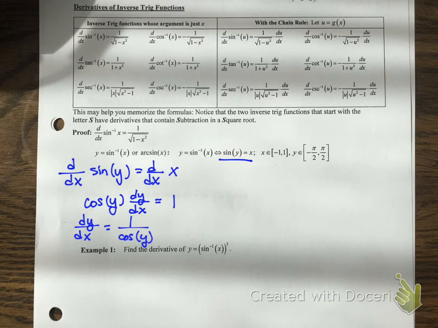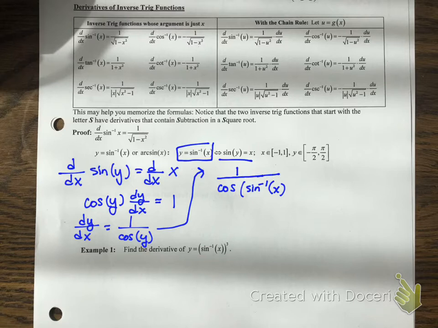So now I have 1 over cosine of y, and I can use substitution because I know y equals inverse sine x, right? So I have cosine of inverse sine of x. Okay? So what is the value?